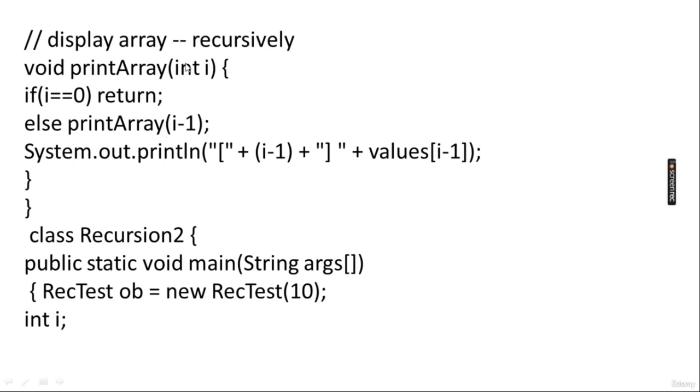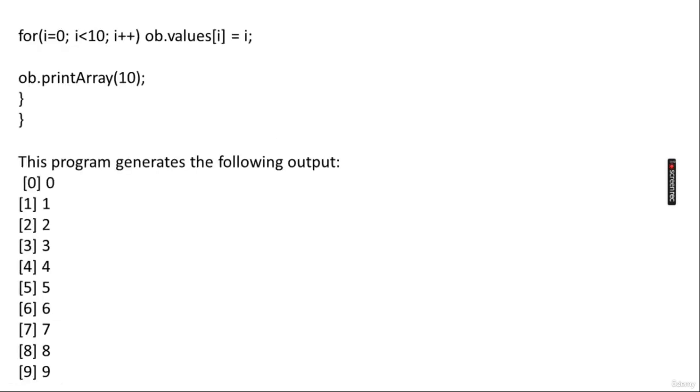So, if I take an array, for example here, 10 is passed. An array having 10 values is created, and values[i] is equal to i, so the 10 values, 0 to 9, are put over there. Then I have to call printArray(10). How will it be printed?